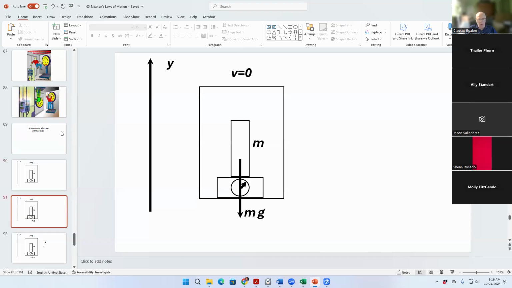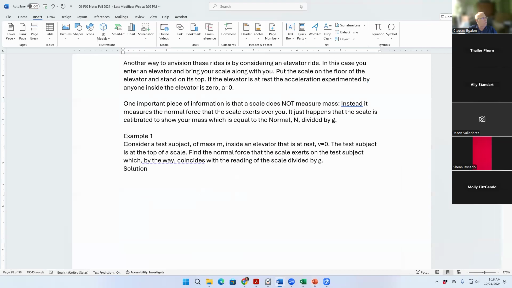The acceleration of our test subject is going to be 0 because the elevator is at rest. So we can go ahead and write down our equations of motion. Net force is equal to the weight plus the normal, equal to 0, because the acceleration is 0. The weight can be expressed as mg, and here's the normal.